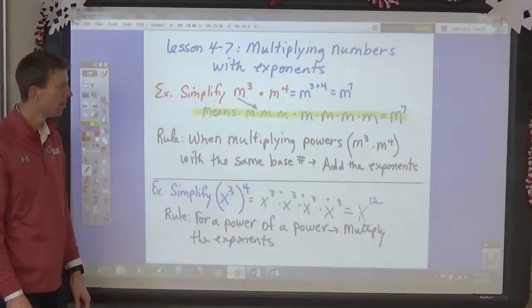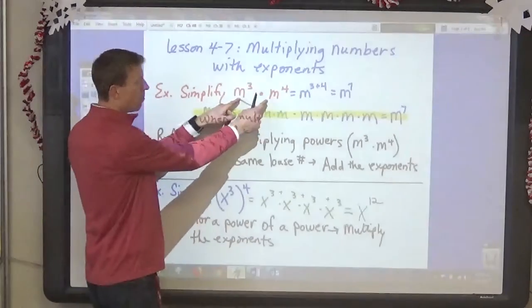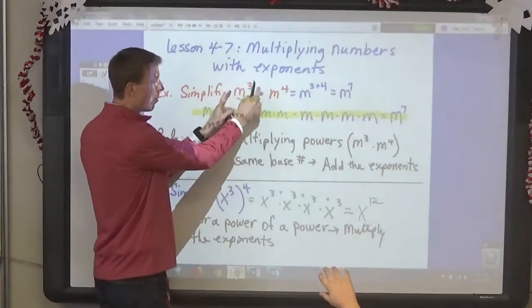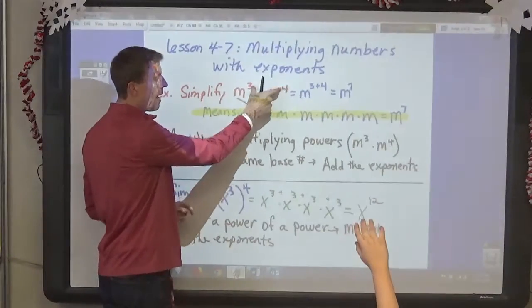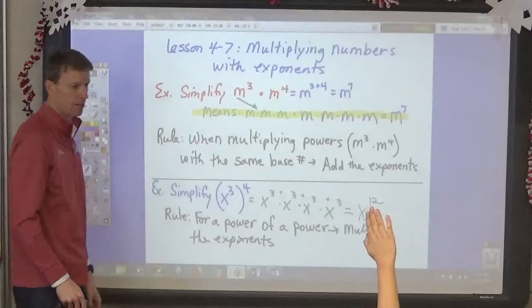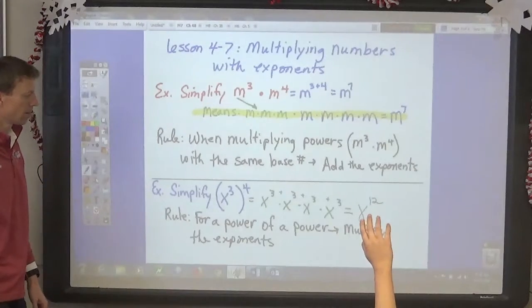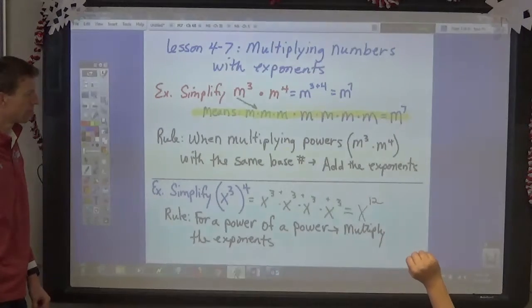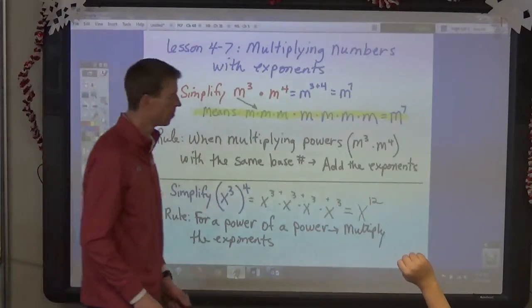If there are just powers being multiplied together, with no parentheses around them, then you add the exponents. Okay? But you still have to draw it out, right, though? What do you mean? When you multiply the exponents, do you have to draw it out?